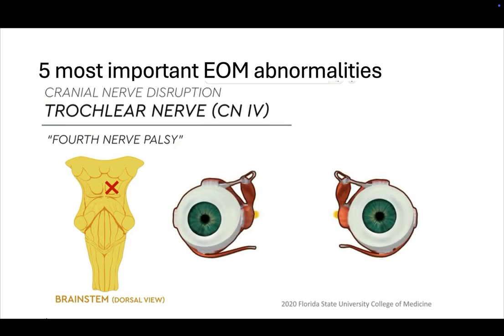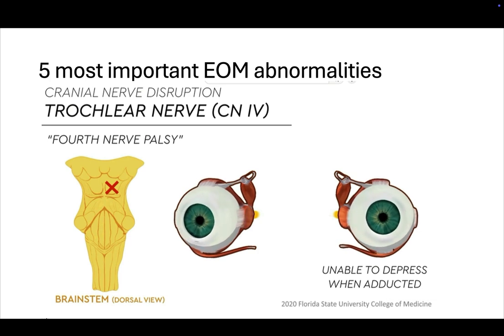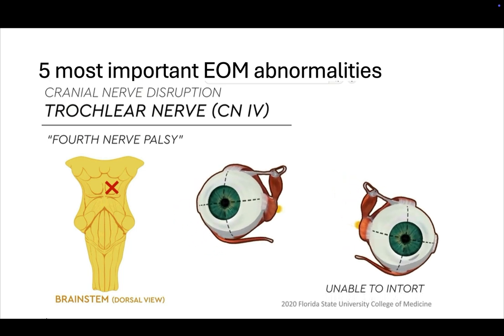Patients with this disorder are unable to depress the affected eye when it is adducted or in the primary position, due to the fact that the intact inferior rectus loses the ability to depress the eye as it is increasingly adducted. In addition, these patients are unable to efficiently intort the affected eye.